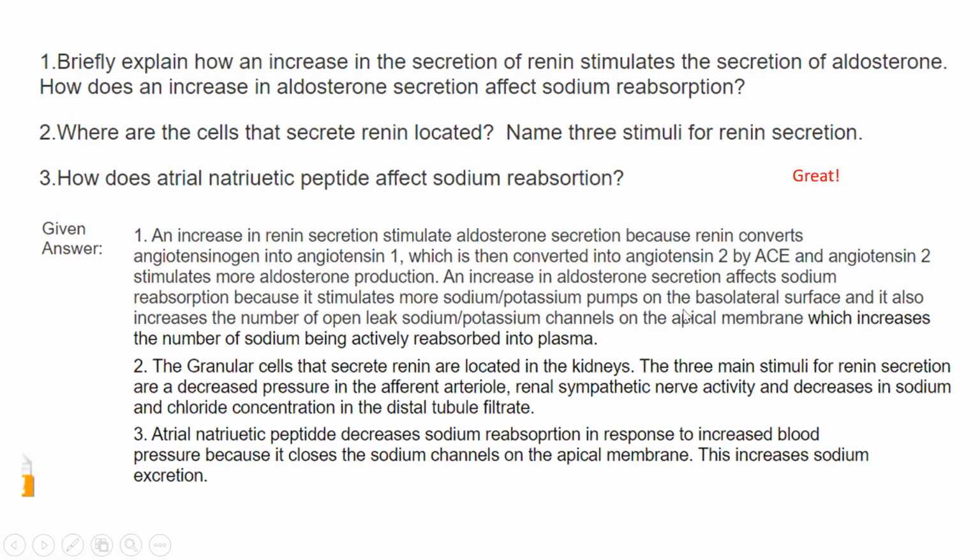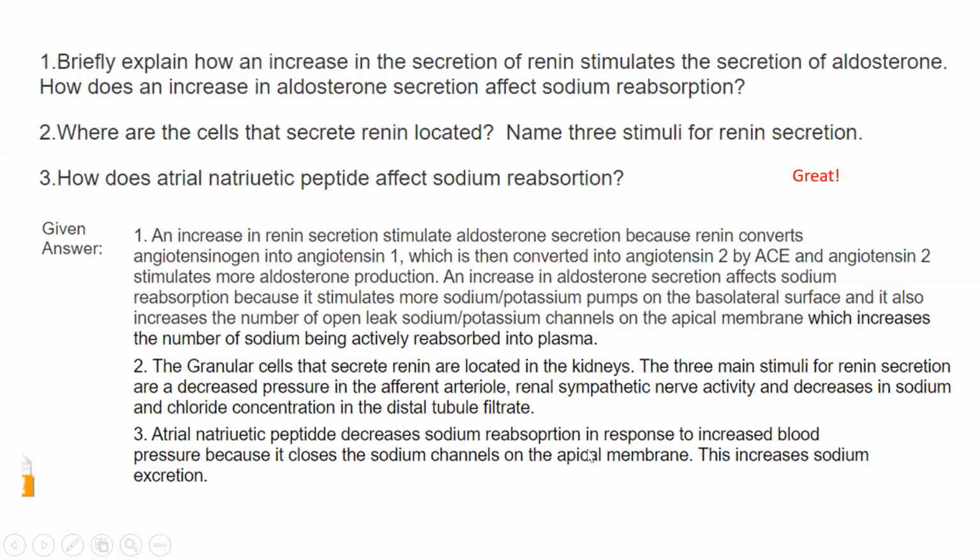The 3 main stimuli are decrease in afferent arterial pressure, renal sympathetic activity, and decrease in sodium and chloride concentration in the distal tubular filtrate. So very straightforward. Those are the 3 stimuli that we talked about for renin secretion. And then the third part: how does ANP affect sodium reabsorption?